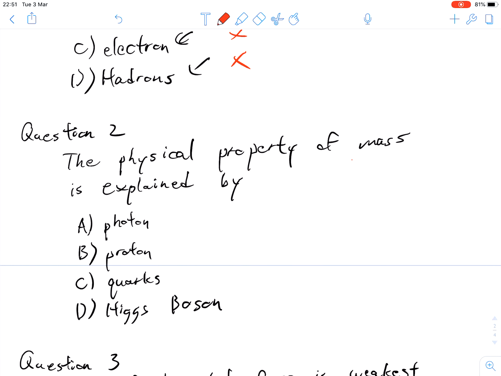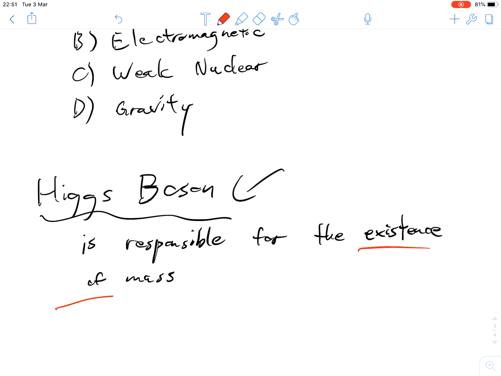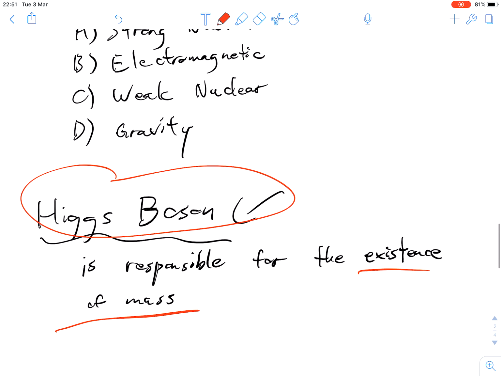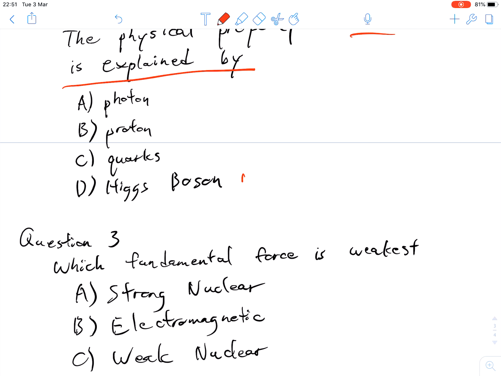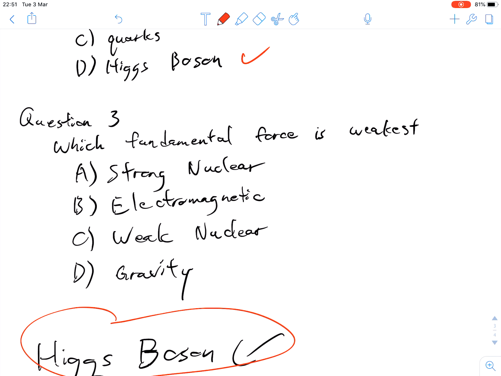The physical property of mass is explained by, as we just talked about, the Higgs boson field. And then lastly, which of the fundamental forces is the weakest? You'll notice I purposely arranged this in order from strongest to weakest. Therefore, our answer is D, gravity.